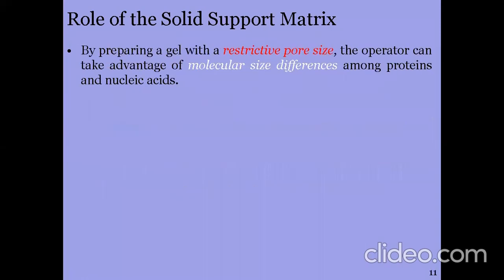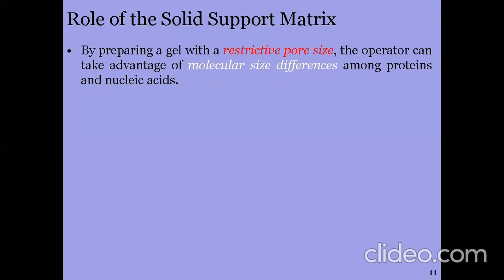And next is by preparing the gel with restrictive pore size. The operator can take advantage of molecular size differences among proteins and nucleic acids. So we can restrict the pore size. If our macromolecule, that's DNA or RNA, is larger in size, we need to prefer a larger pore size so that they can move easily.